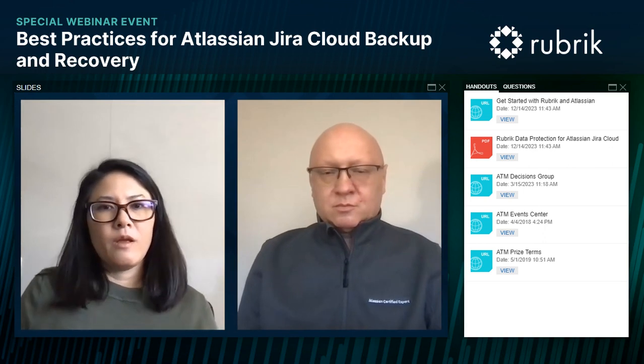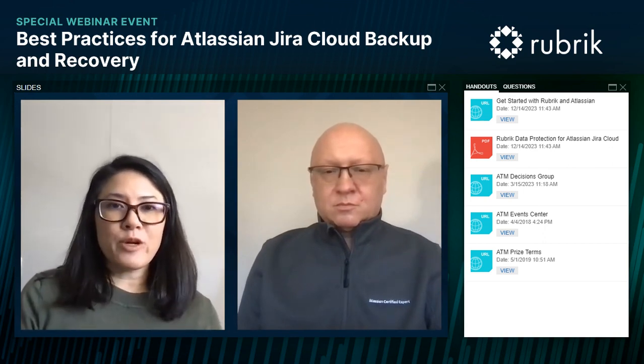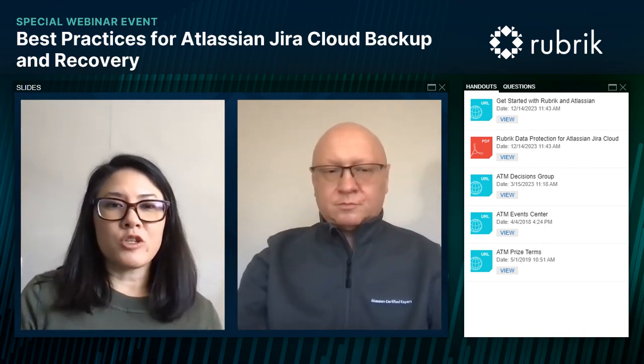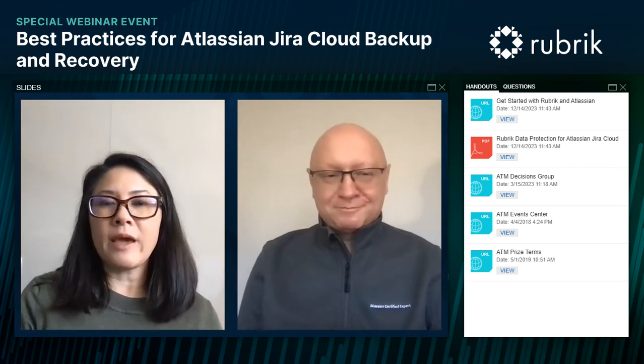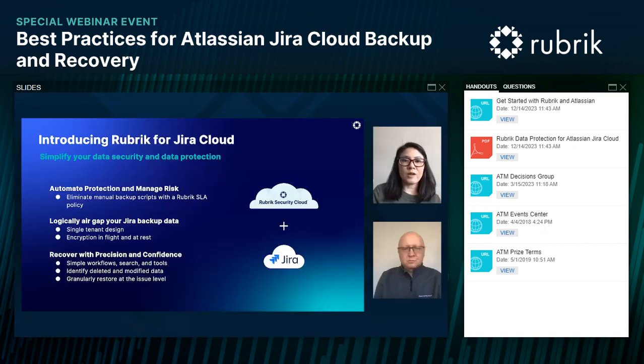Yeah. So that brings us to a solution, right? That's what we have here at Rubrik. We're excited to announce that we just launched a brand new product called Jira Data Protection. Essentially, we've designed a solution that makes it simple and easy for customers to protect their Jira Cloud data. One of the things we have is automated protection, which also helps manage your risk.